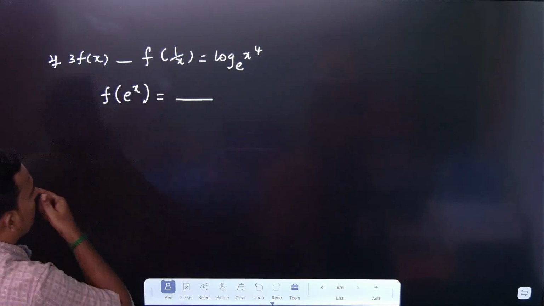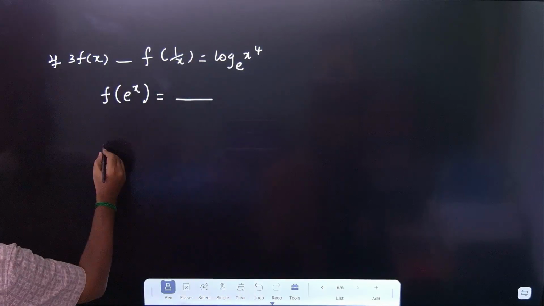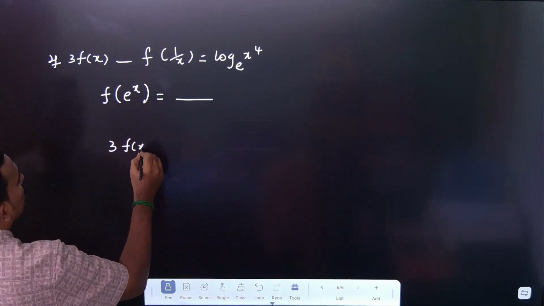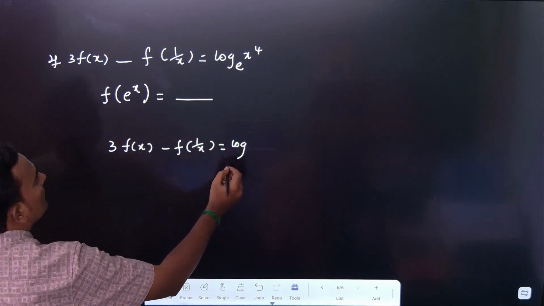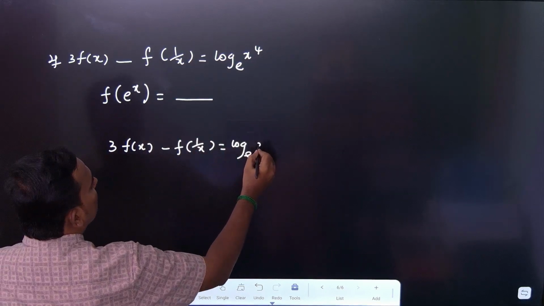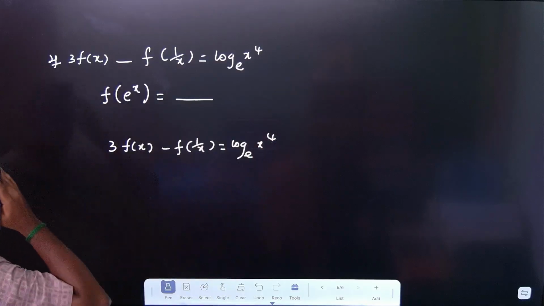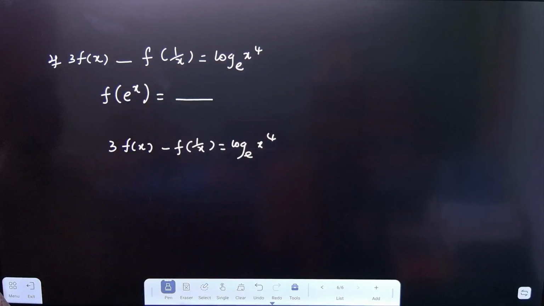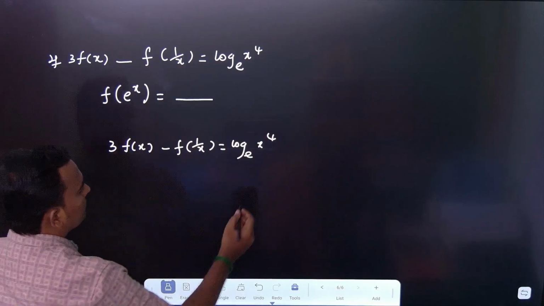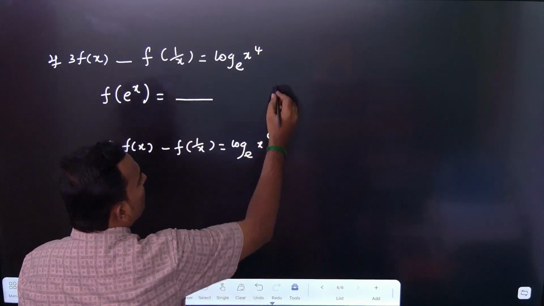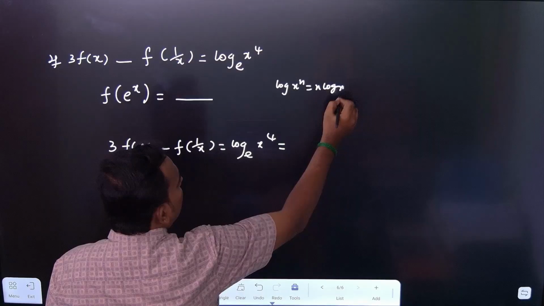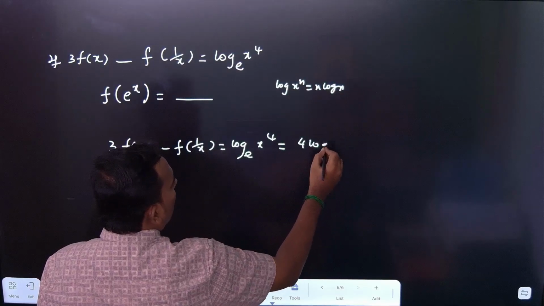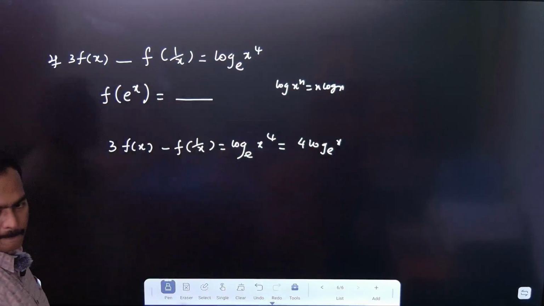The same idea here. 3 times f of x minus f of 1 by x is equal to log base e of x power 4. But you know how to write it equivalently. You know log x to the power n, how to write? n times log x we can write.